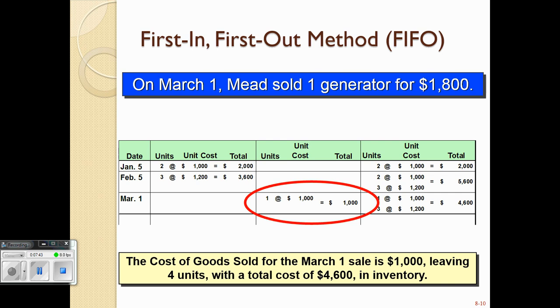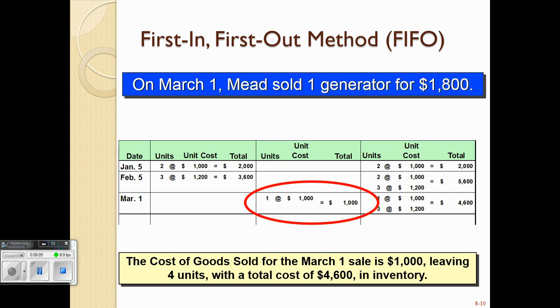The third method is FIFO. And FIFO is probably one of the most widely used today, and it stands for first in, first out. And this really fits, hopefully, if you're rotating your stock. This is going to match then pretty much what you're doing on the showroom floor or what have you. What you assume in this case is the first one that came into your store is the first one sold.